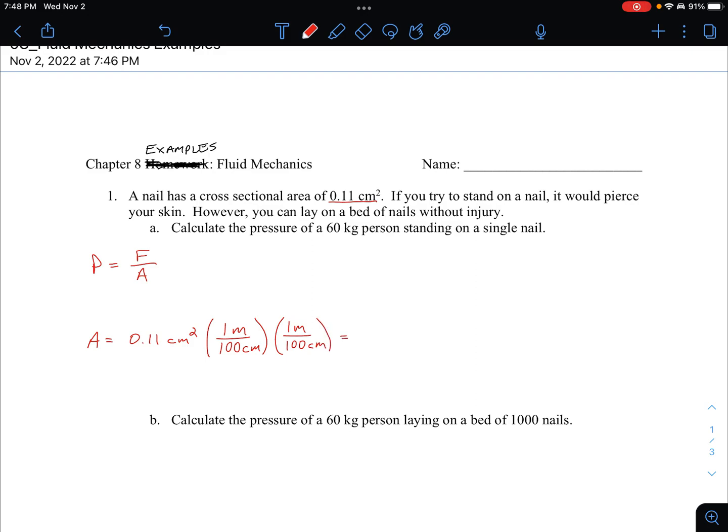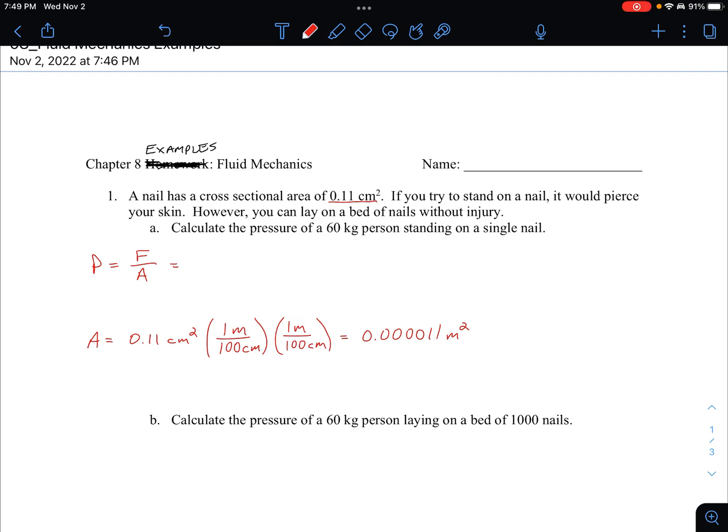And when I do that, I get 0.000011 meters squared. I should also say that this is the cross-sectional area of the nail, not the tip of the nail. So this would be a nail that's been blunted.